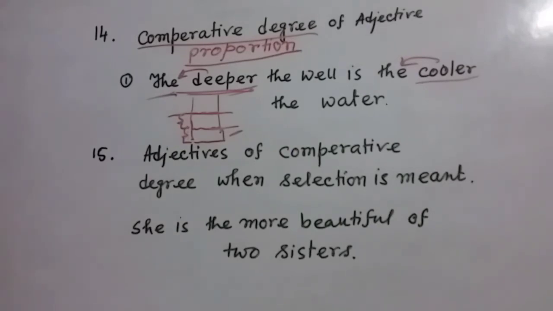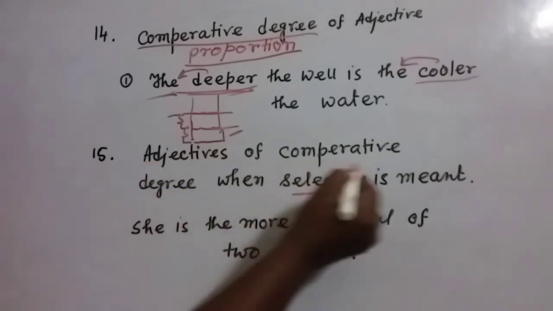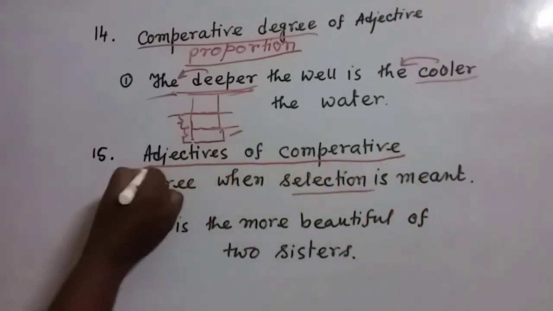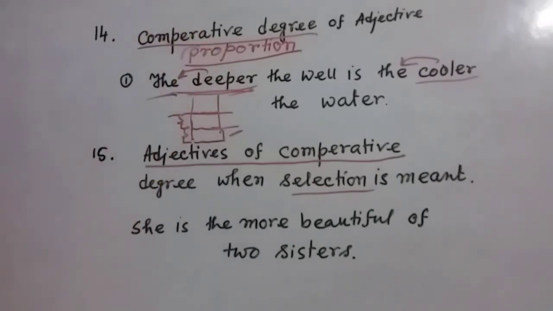Again, my dear friends, there is another almost same thing: adjectives of comparative degree when selection is meant. Before the comparative degree, if there is a sense of proportion, we can use the, and if it means selection, at that time we can use the term the.